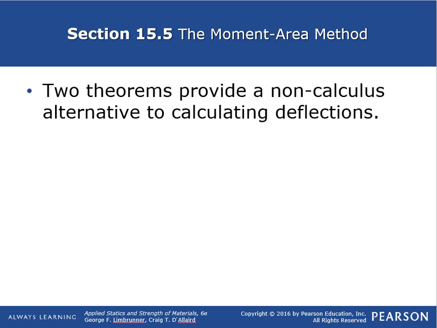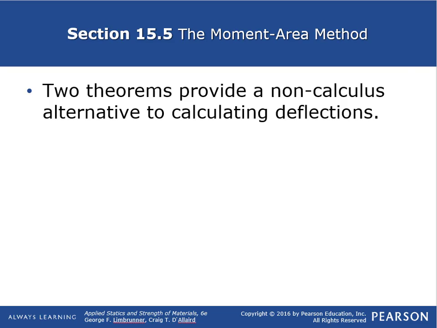The next method for calculating deflections is called the moment area method. And we have two theorems that provide a non-calculus alternative to calculating these deflections. What I have to say about this is that the formula method is easy, and some of the problems we use are fairly easy.